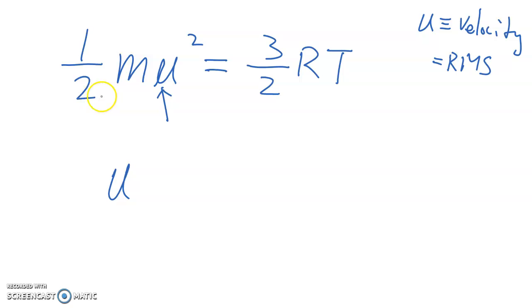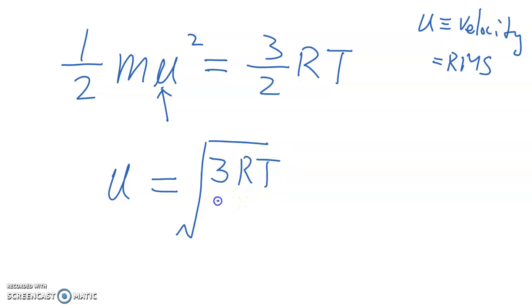So what is my root mean square velocity if I try to solve it? The two over here can be canceled out. If I move the m around to this side, what I will get is that the average velocity or root mean square velocity is equal to the square root of 3 times RT divided by m.